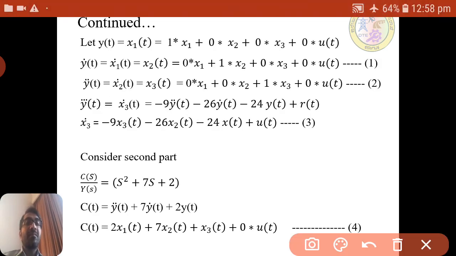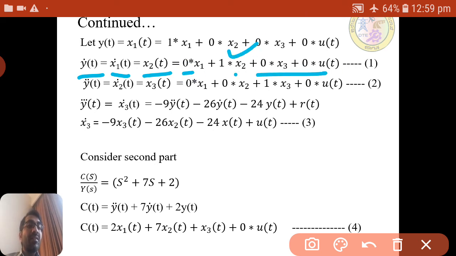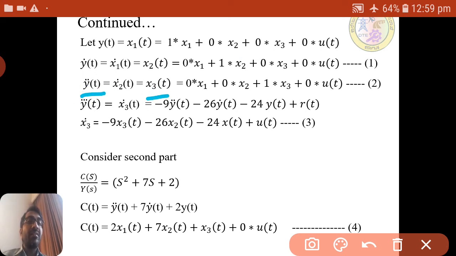Let us consider again y of t equal to x1 of t, that is nothing but 1, all others are 0. Similarly the first derivative, y dot of t, is equal to x1 dot of t, which is x2 of t; the x2 term will be 1, all others 0. The second derivative is considered as x3 of t; here the x3 term will be 1, all others 0.